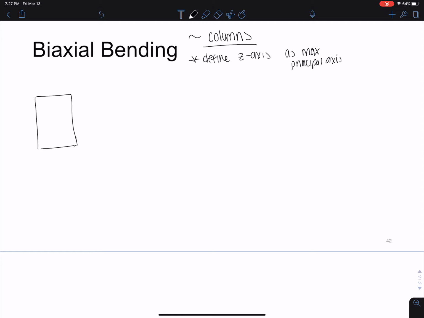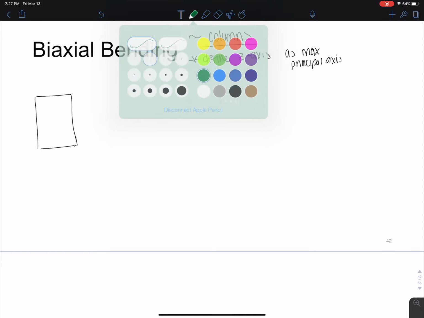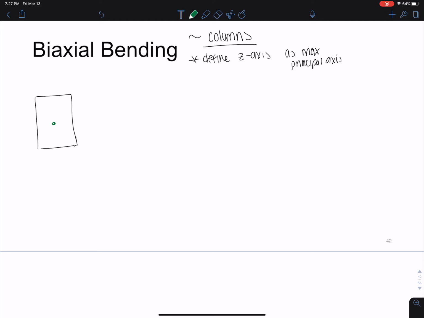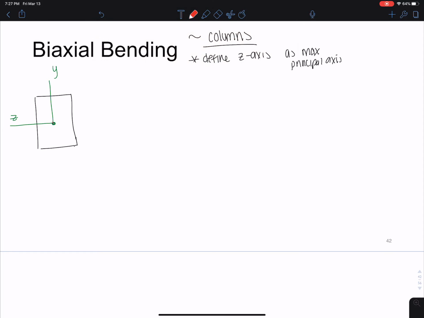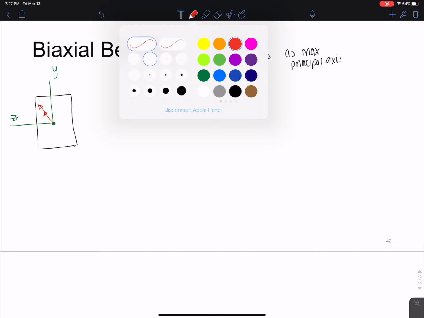This is our rectangular cross-section, and if this is my center, this is the y, and this is the z, what I'm saying is that my moment is applied here at some angle theta.